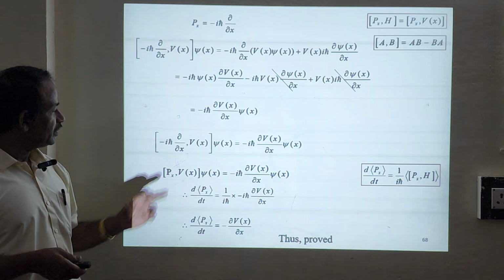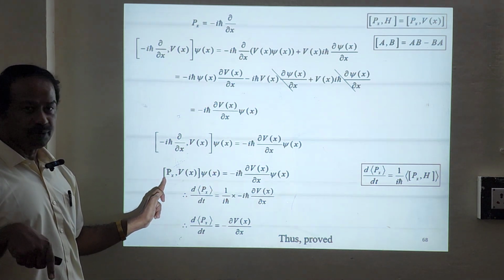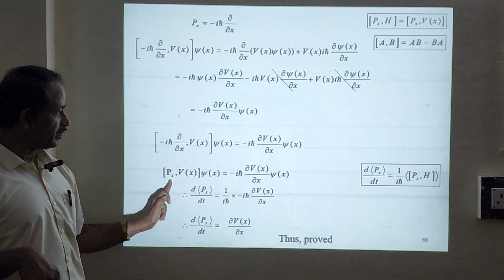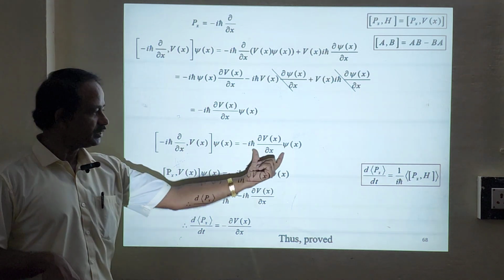Is it clear? Now what is this term? This term we have already done, px, the component of momentum. This is V(x), this is px, this is V(x), psi(x) equal to this term.